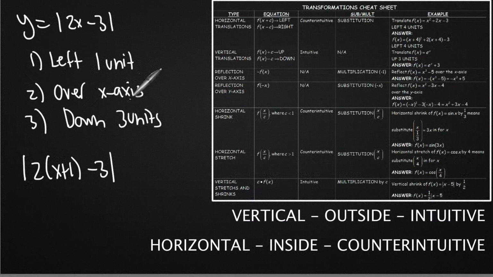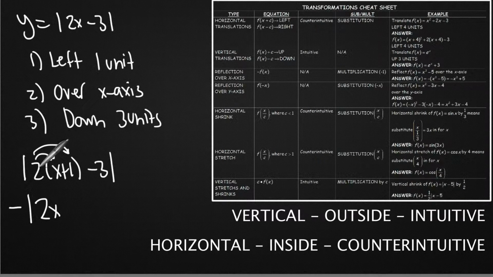Then I want to reflect it over the x-axis. So I go to my cheat sheet, and that means to multiply the entire function by negative 1. Now, since this is an absolute value, you can't distribute the negative 1 inside, so you just have to leave it outside here. And I'm going to go ahead and distribute this 2 in here.